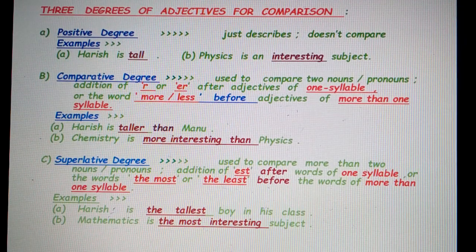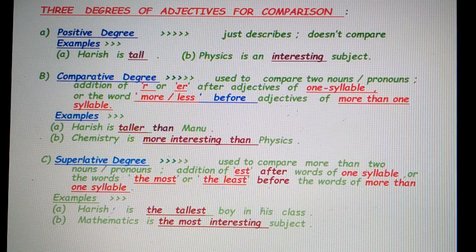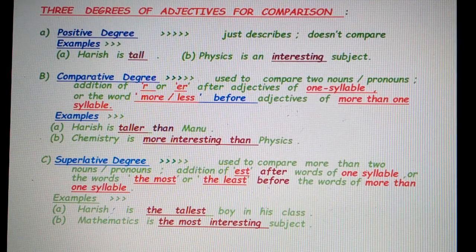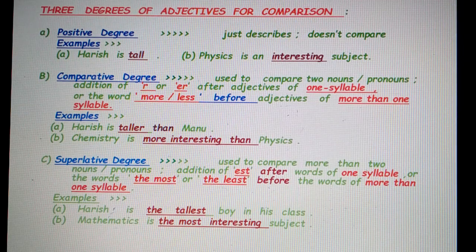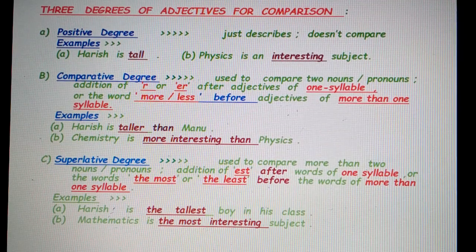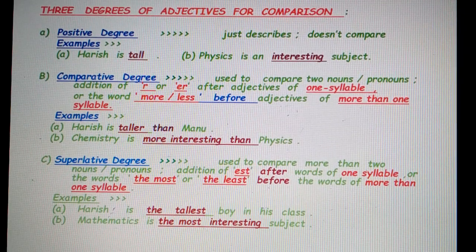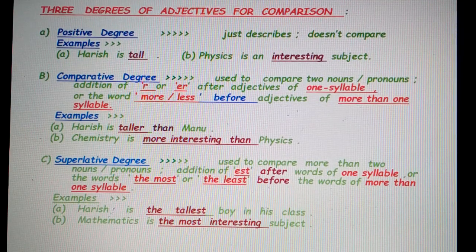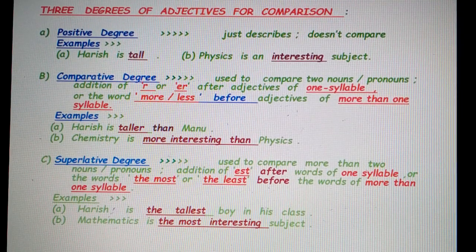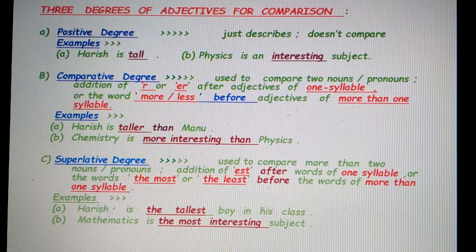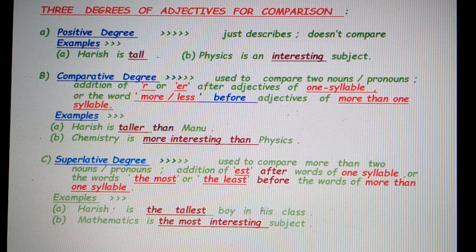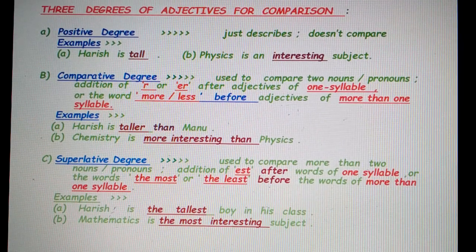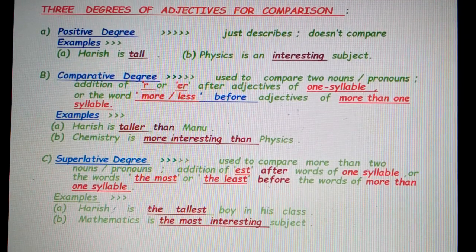Another way of creating comparative degrees of adjectives is adding the word more or the word less. But see the place where we add it. We add either of these two words before the adjectives of, pay attention, more than one syllable.